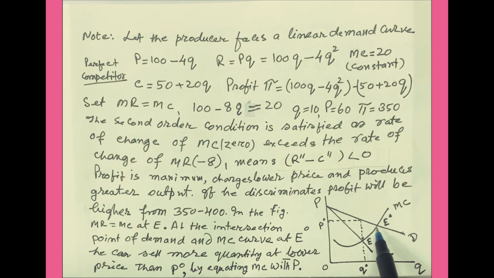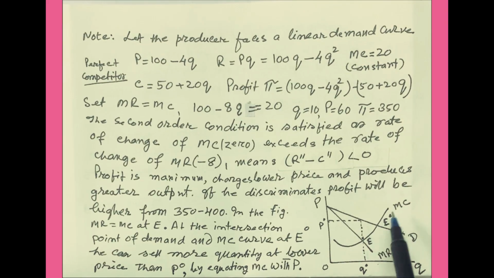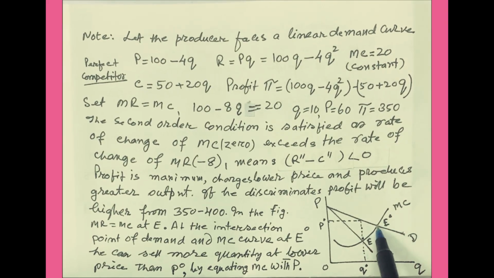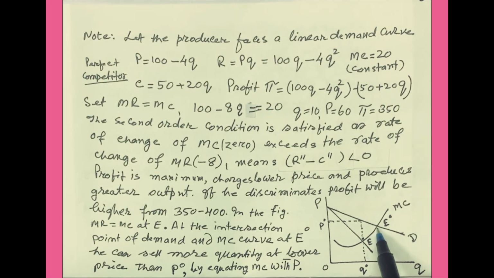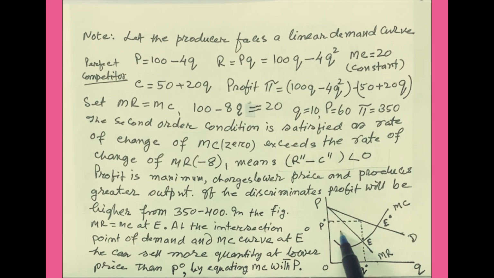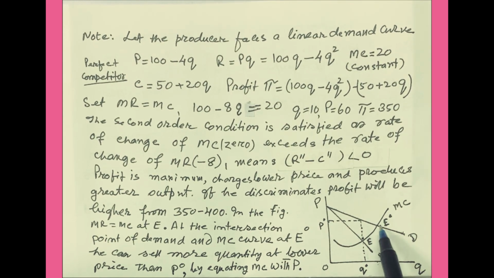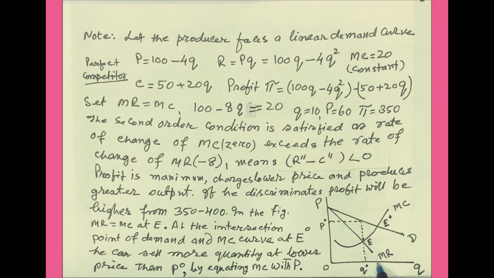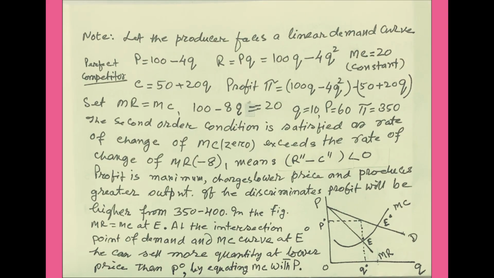But now if he decides here, where marginal cost is equal to price, here it is the price line, then he will be able to sell a higher quantity at a lower price, lower than P naught. So at a lower price he will be able to sell higher quantities by equating MC with P.